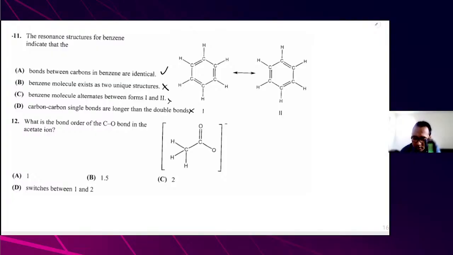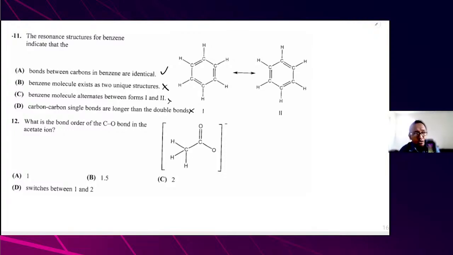The CO bond in the acetate ion. So as I mentioned before, the bond order in a resonance structure is how many bonds are shared on average between two atoms due to the delocalization.